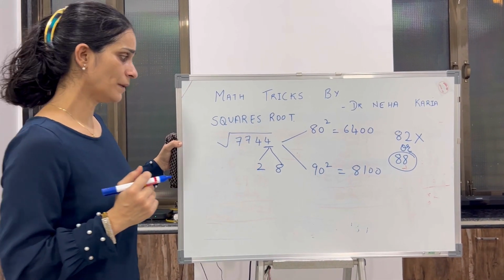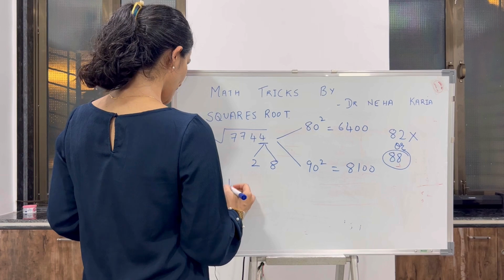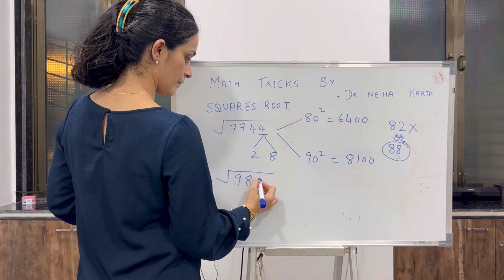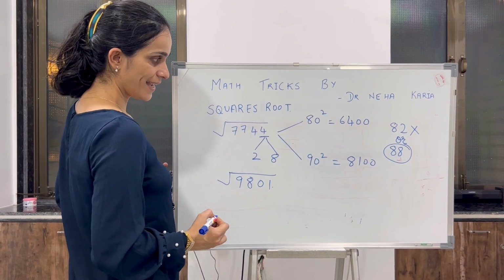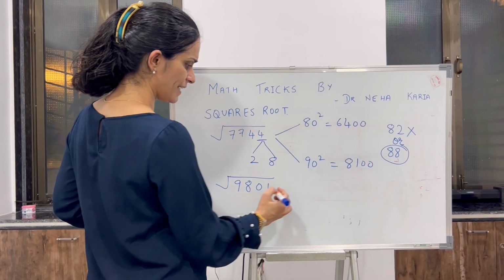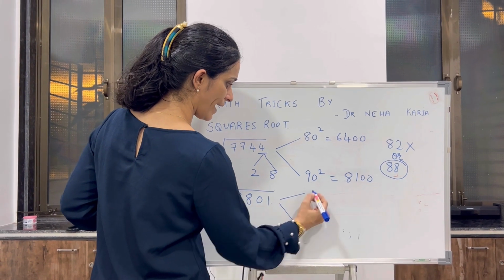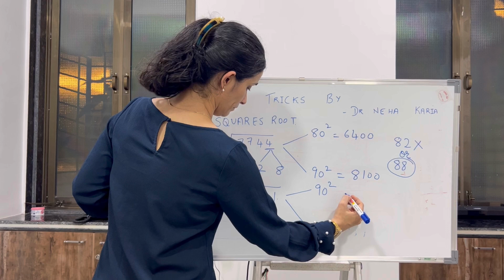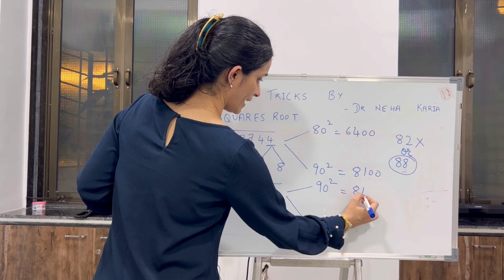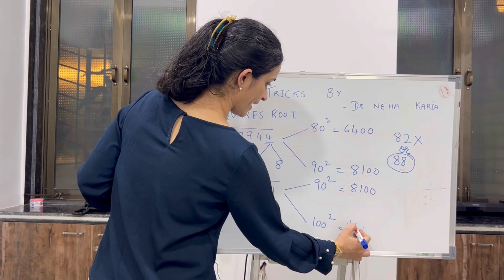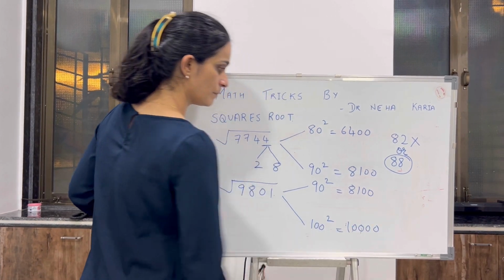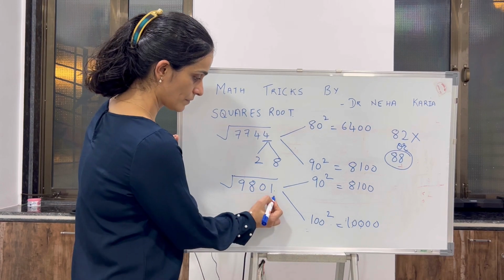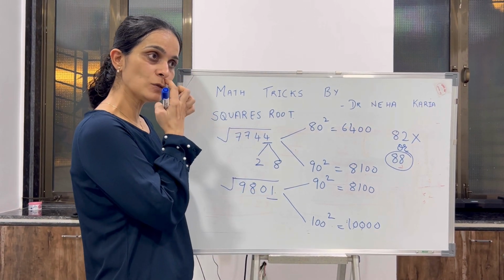Let's take our next number, 9801. Again 9801, very clearly we can see lies between 90 square and 100 square. 90 square is again 8100. 100 square is very easy, 10,000. So 9801, 1. Which numbers have 1 in the units place?